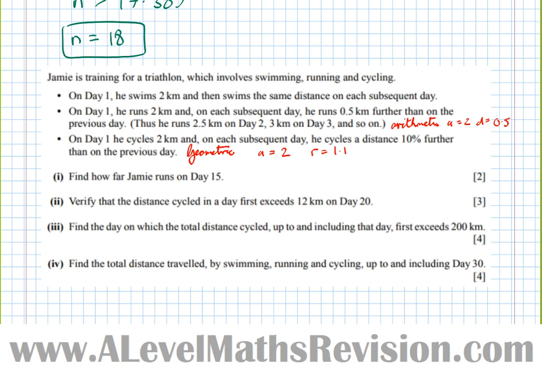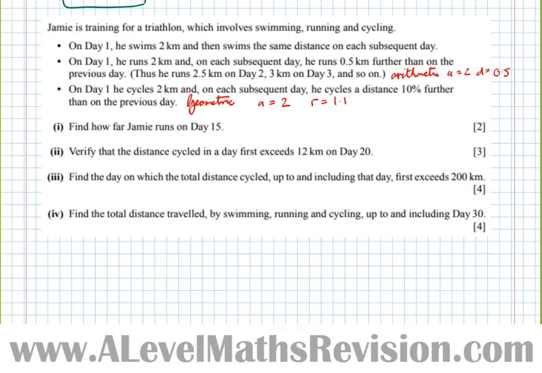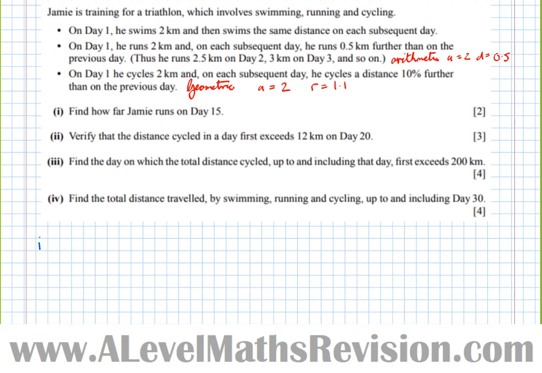The question from part 1 is to find out how far he runs on day 15. So part 1, we're talking about running, which is the arithmetic sequence. So A is 2, the common difference is 0.5, and the term number is day 15. Now be careful to choose the correct formula here, because it could easily go wrong.